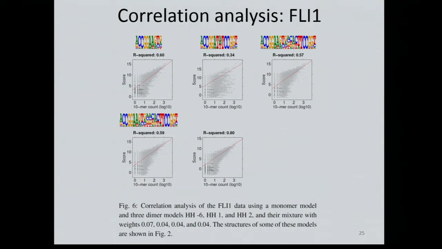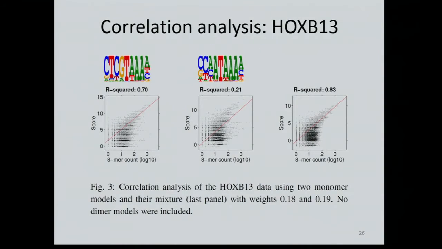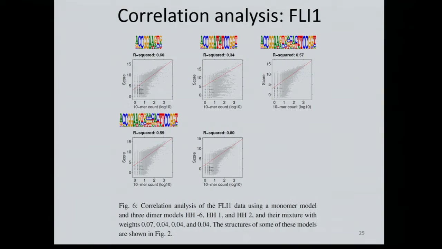So this is the same FLE1, and this is just to illustrate that using this combined model, where we have monomer and in this case 3 dimers, this together gives a better R squared value when we count 10-mers as scored by the model and as observed in the SELEX data.